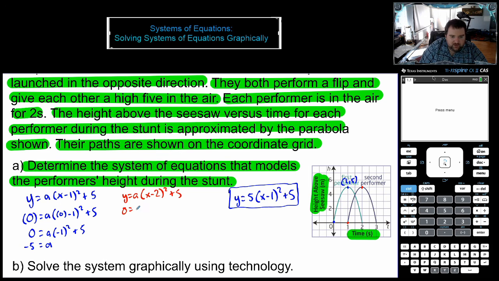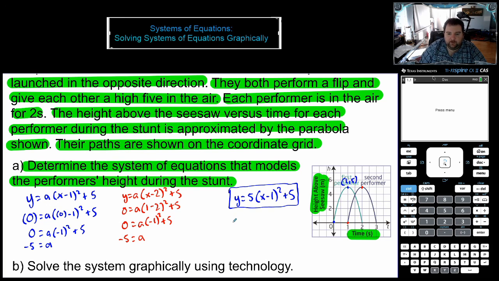So 0 equals a, x value is 1 this time, minus 2 squared plus 5. 0 equals a, 1 minus 2 is negative 1, plus 5. Let's subtract this 5 to the other side. That's squared. So negative 5 equals negative 1 squared is 1 times a.